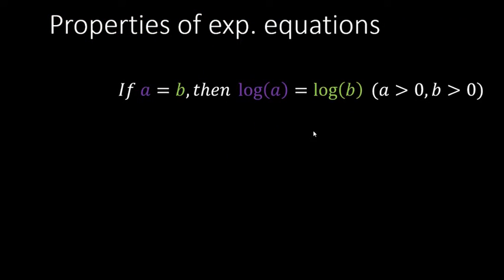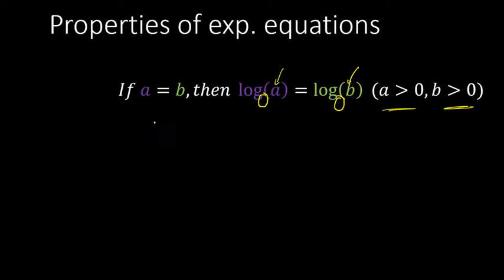The same thing goes, by the way, for logarithms. If I've got logarithms, and what's not written here is that they have the same base, and the result in here is the same, then I know that a must be equal to b, or in the reverse order, if a equals b, then the log of a must be equal to the log of b. And we're talking specifically about when a and b are greater than 0.